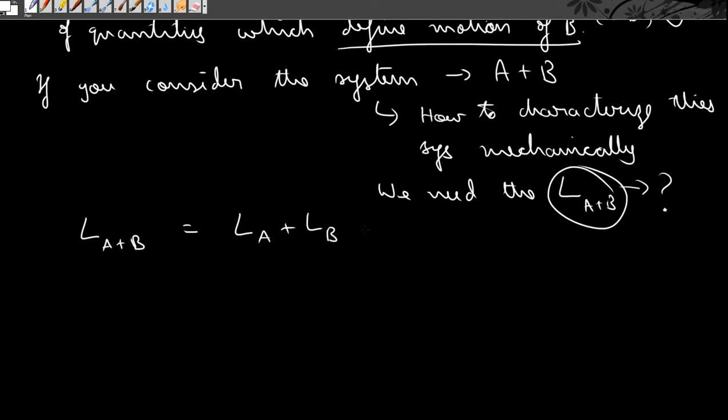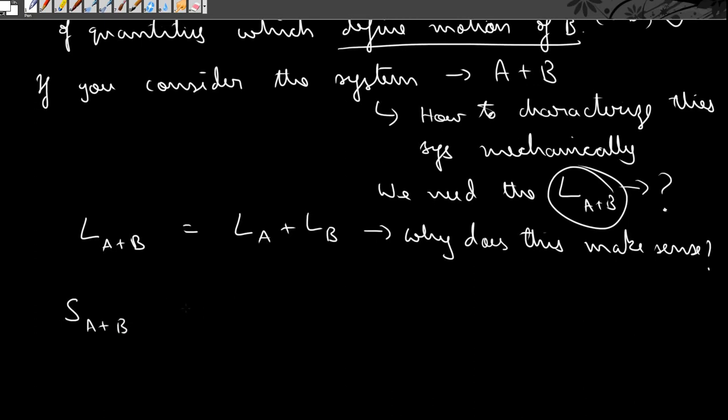Now, does this make sense? Why does this make sense? This is because of the following. If you consider the action integral for the entire system, it will be defined this way.